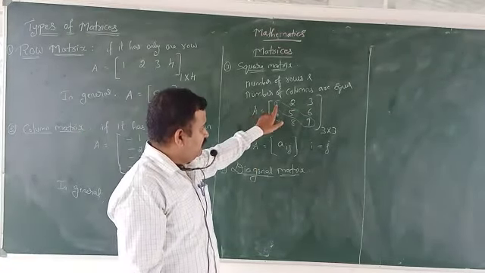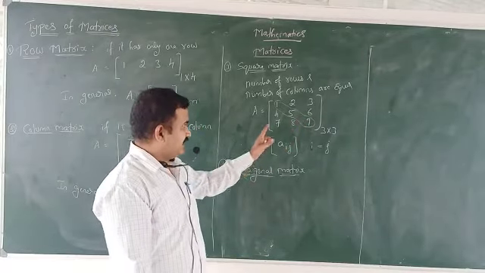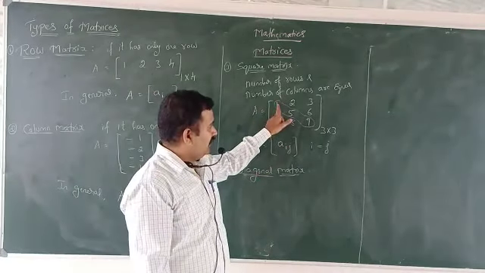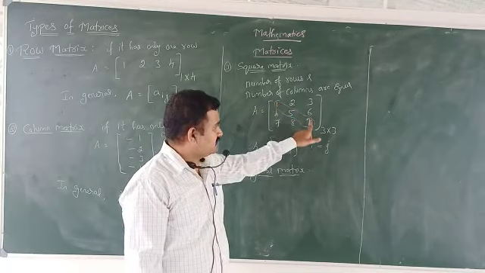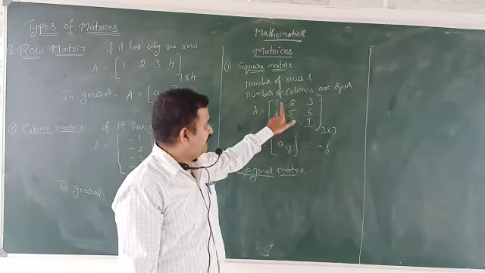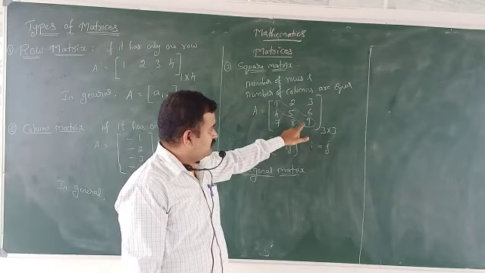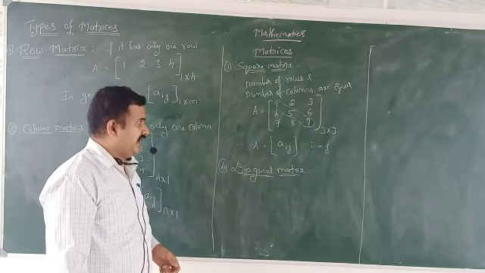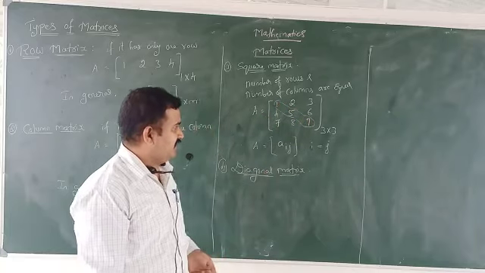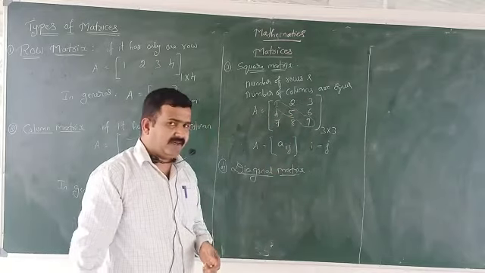In a square matrix, the elements running from the top left to the bottom right are called the principal diagonal elements. Here 1, 5, 9 are the principal diagonal elements, and the rest are non-principal diagonal elements.